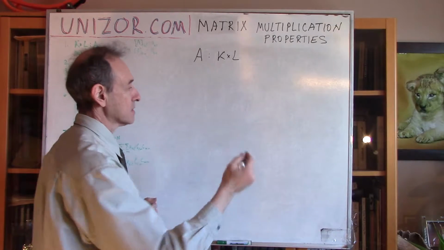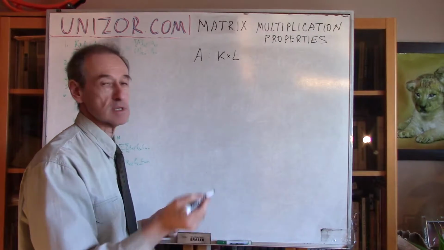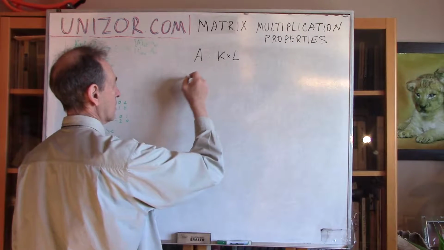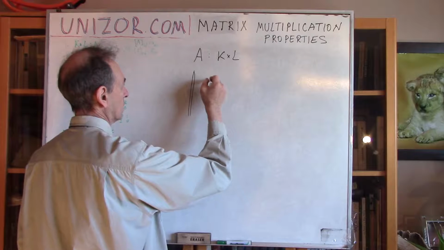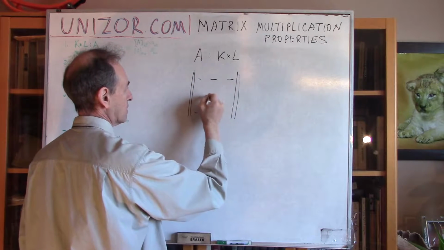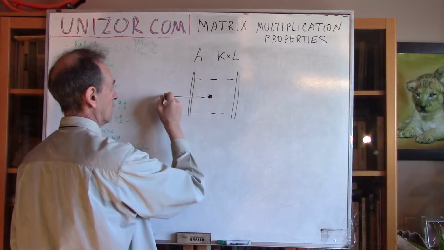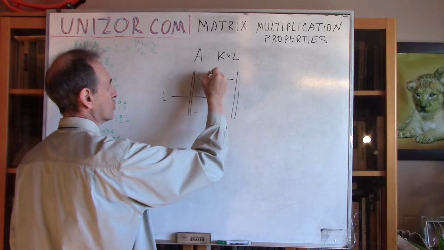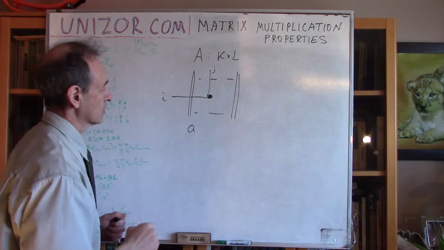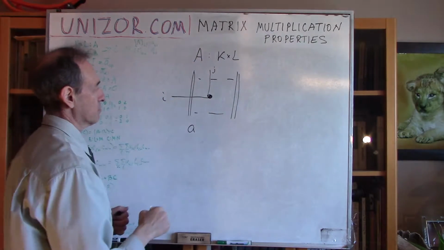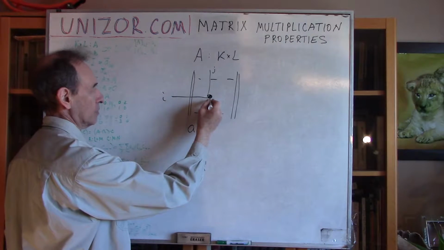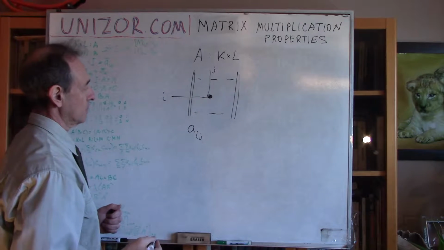And elements of these matrices will have 2 indices, the row index and the column index, where they are standing. So this particular element would be in the i's row and j's column. I will use lowercase usually for the elements of the matrix, and ij means the element which stands on i's row and j's column.